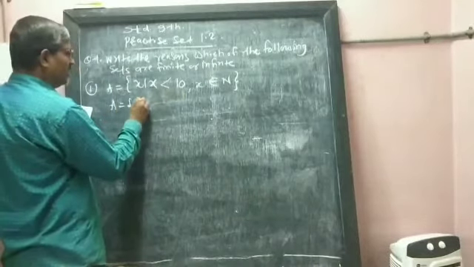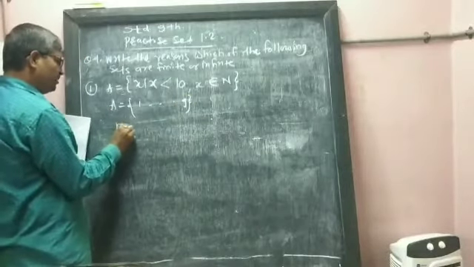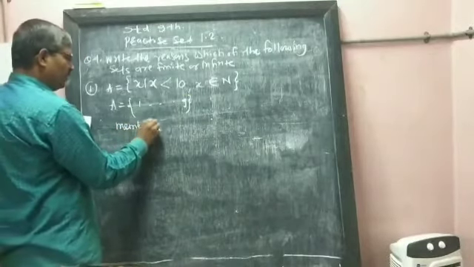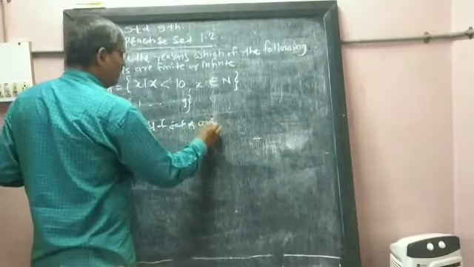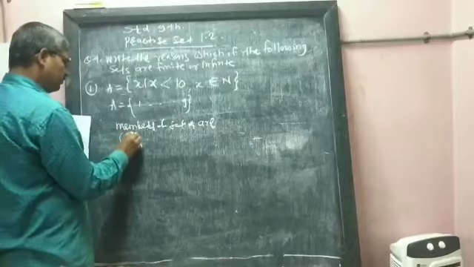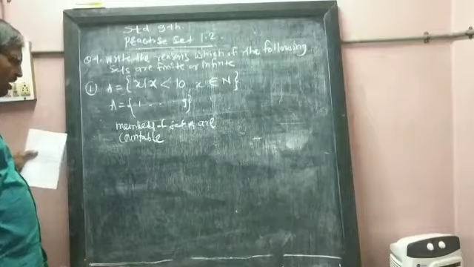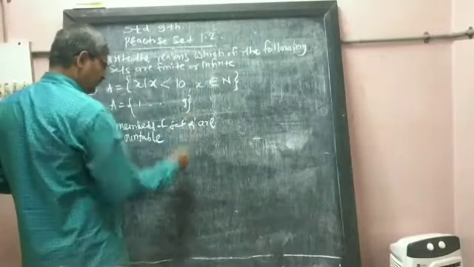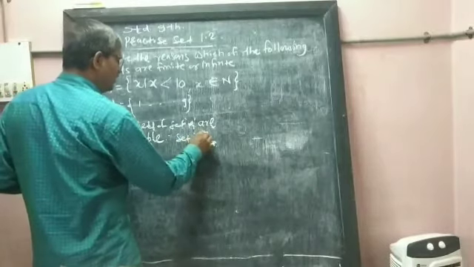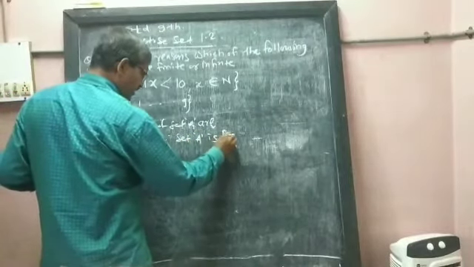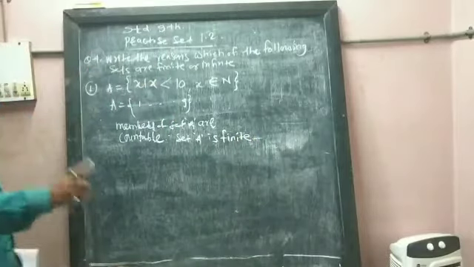X is less than 10 means 1 to 9, which are countable members. Members of set A are countable. Therefore, set A is a finite set. This is actually the first question.